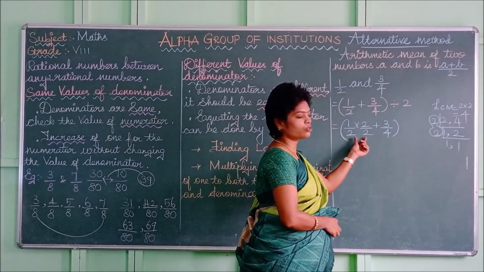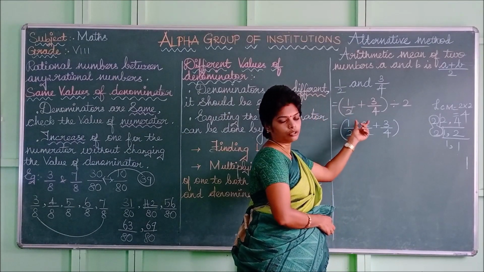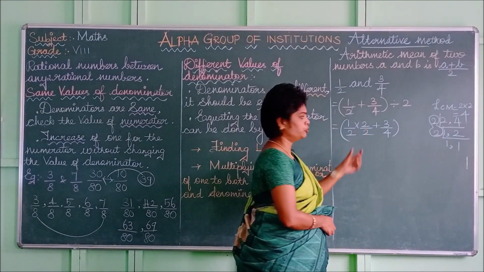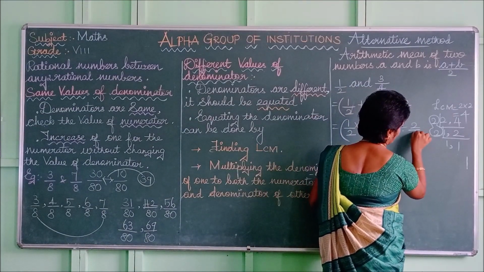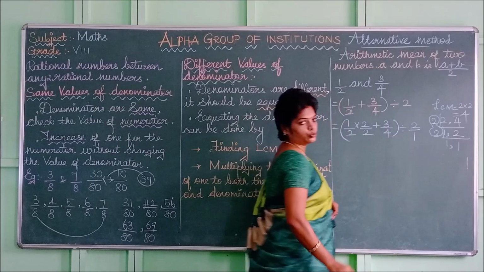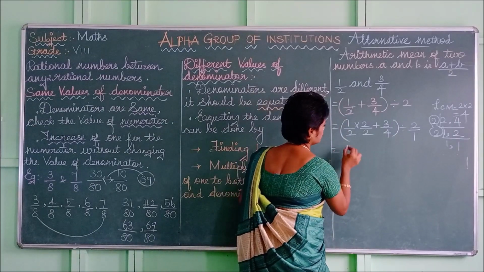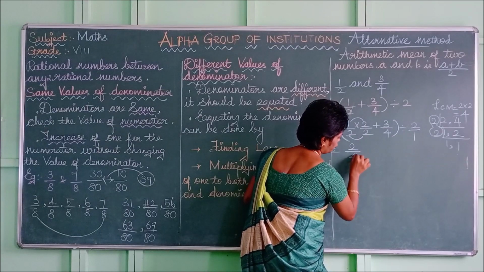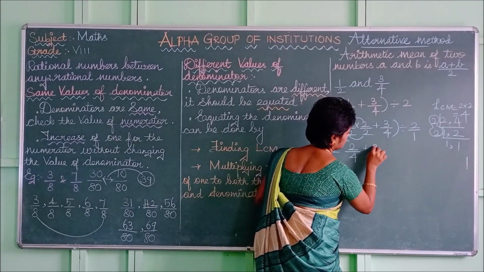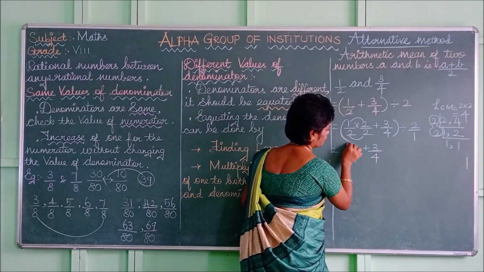Here only 2, so we multiply both numerator and denominator with the value 2. So here is the division. This can be rewritten as 2 by 1, 2 by 1 again 2. 1 into 2 is 2. 2 twos are 4, plus 3 by 4.